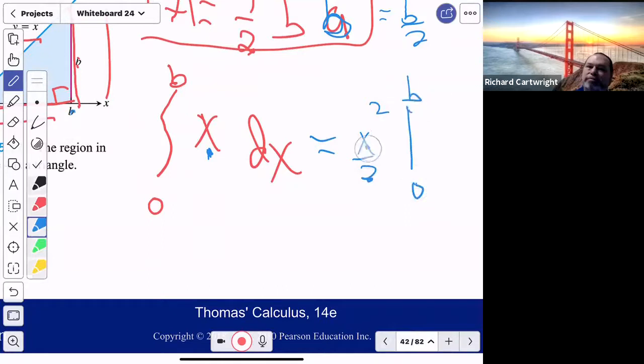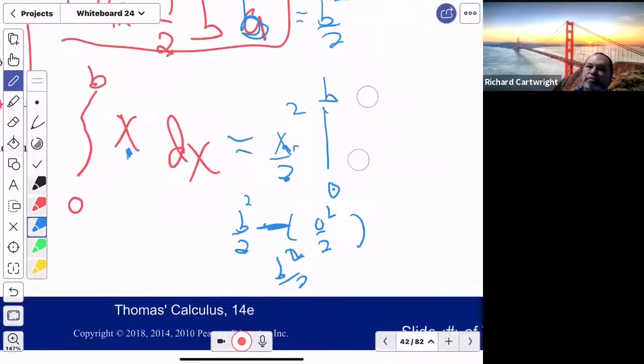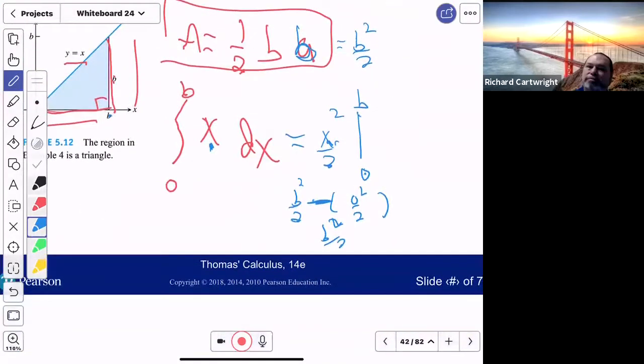Plug in the top number first, b squared over 2, minus, plug in the bottom, 0 squared over 2, still 0. b squared over 2. Got the same answer. Are you surprised that I would get the same answer as a regular triangle in geometry? Should not be a surprise to you. If it's good enough for geometry, then the calculus has to match.